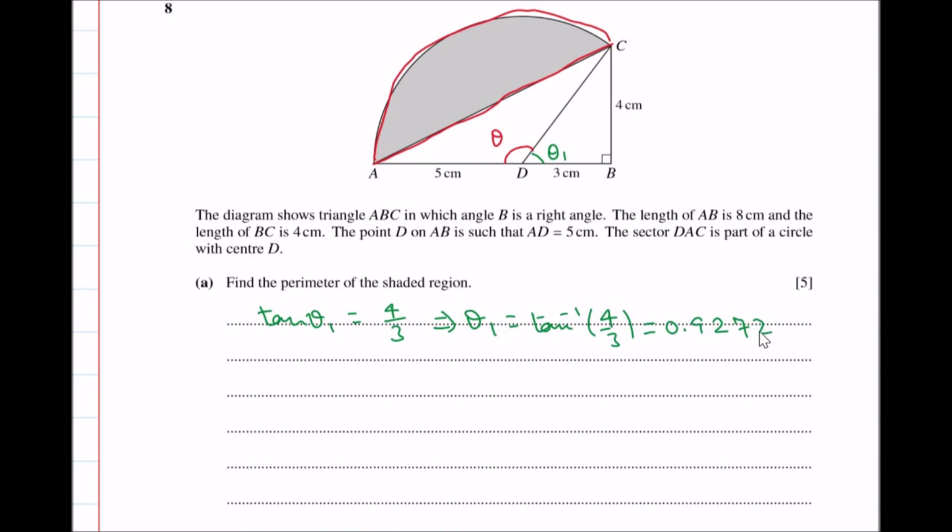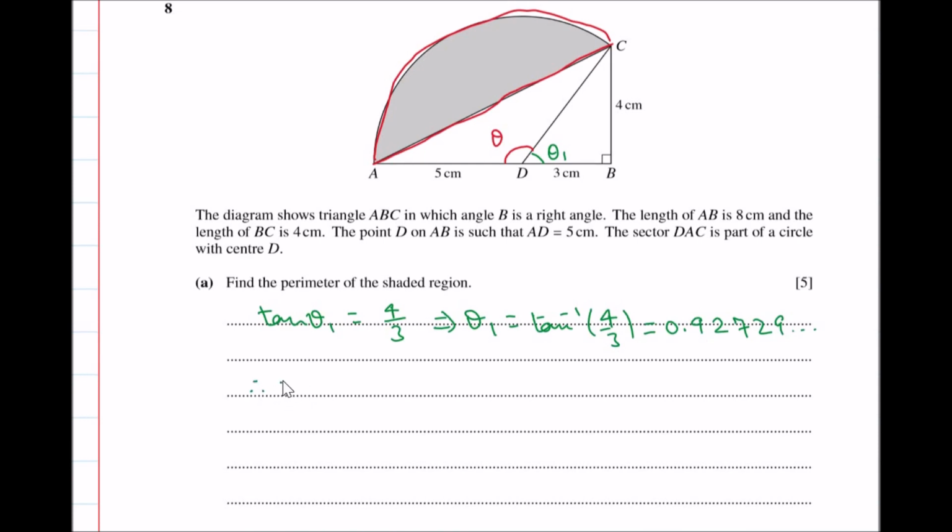We have to use this answer in the next part. So we should not write in 3 SF here. Okay. So 0.9272, suppose I am taking one more digit, 9. So this is the theta 1. Now we can find theta.